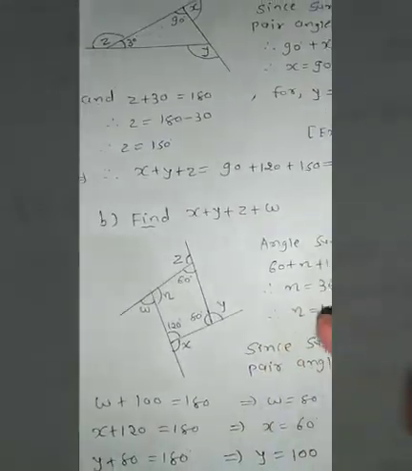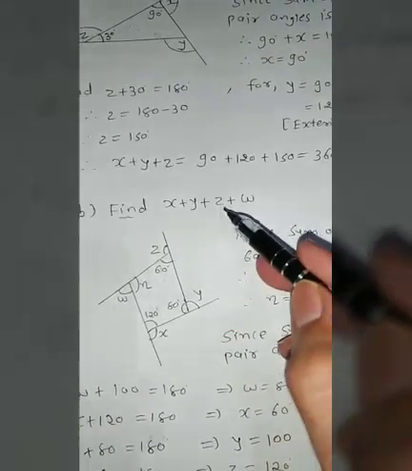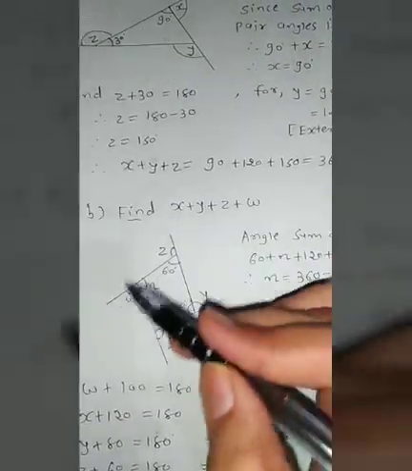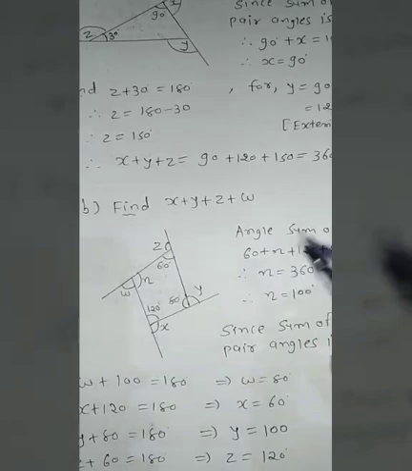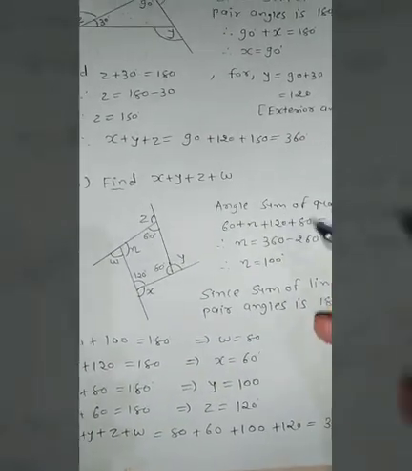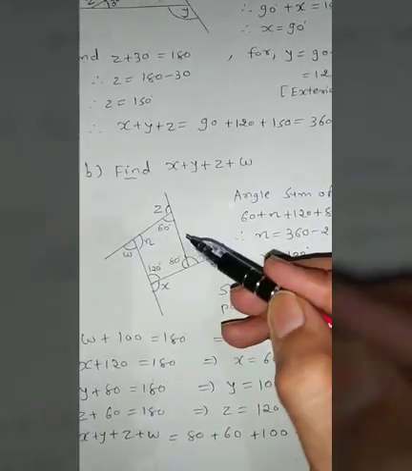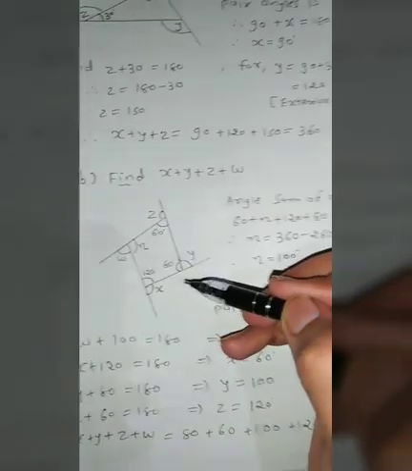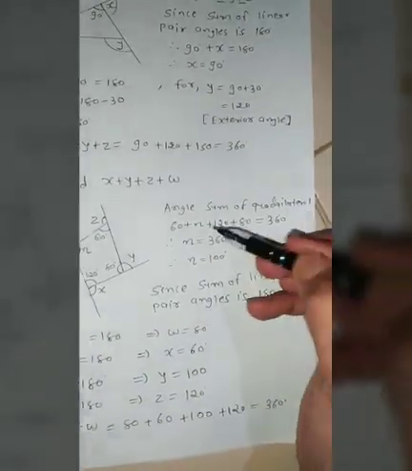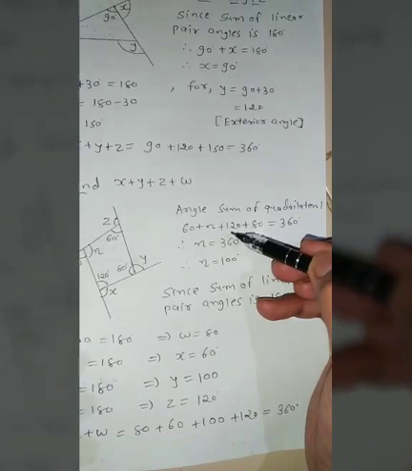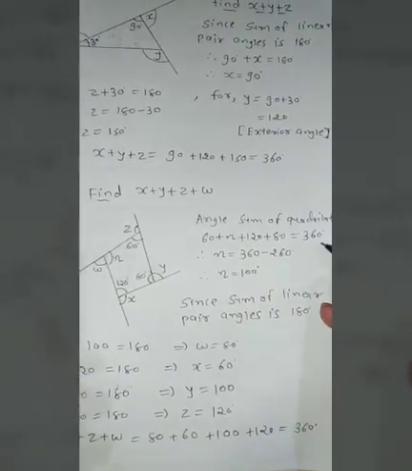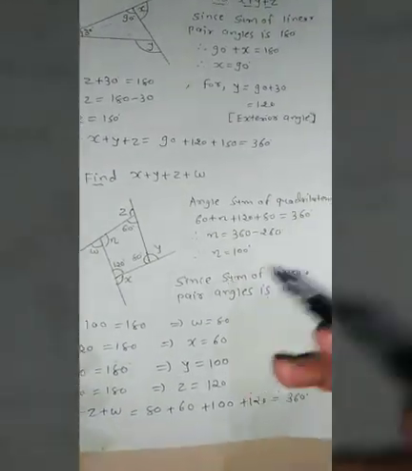The next example is find out x plus y plus z plus w in this figure. The angle sum of a polygon having 4 sides: 60 plus n plus 120 plus 80 is equal to 360.